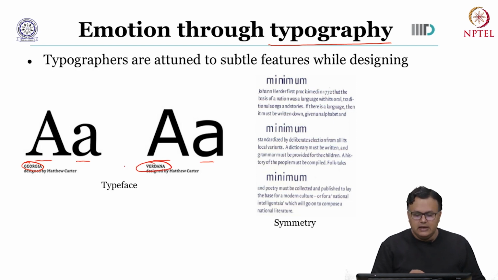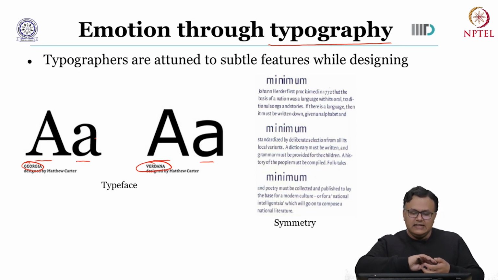You can actually see here that the way these characters are represented in these two fonts is going to, in a very subtle way, convey the affect which is supposed to be understood by the user. This not only is limited to the shape of the characters, but also to the placement as well.